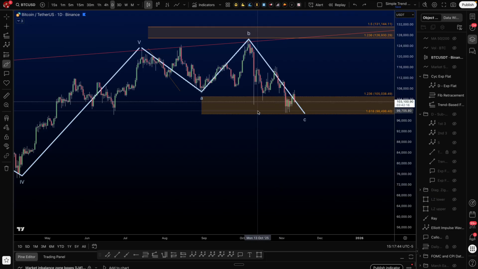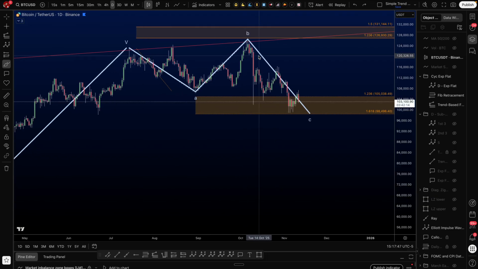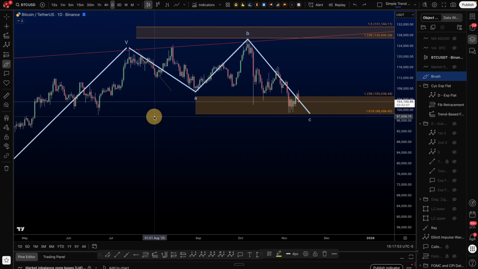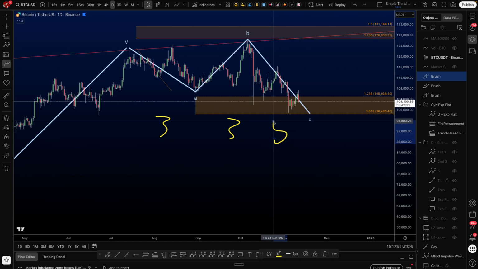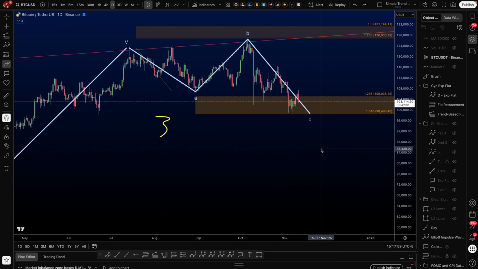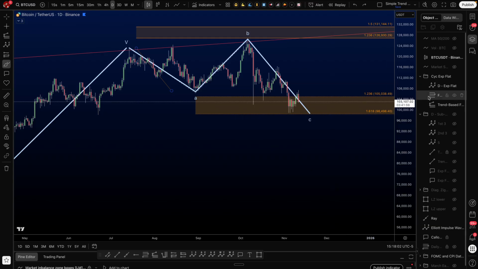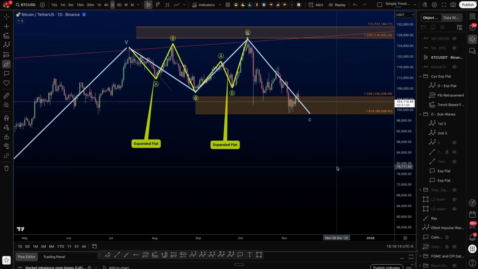So to justify this, I think I need more than just, okay, it meets this measurement. If we've got a flat, then it's going to be a 3, 3, 5 configuration. And so do we have that? The first 3 I've got here as another surprisingly expanded flat. The second 3 I have here, and I was surprised at this too, an expanded flat.